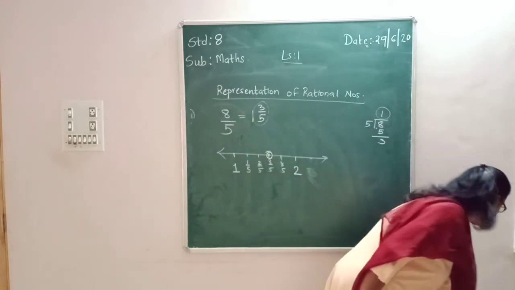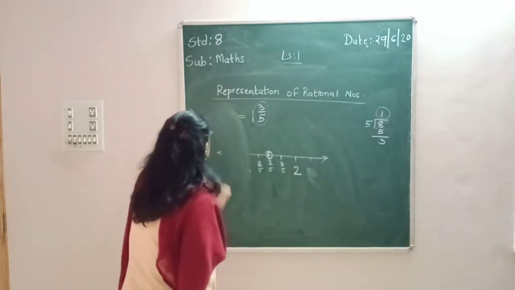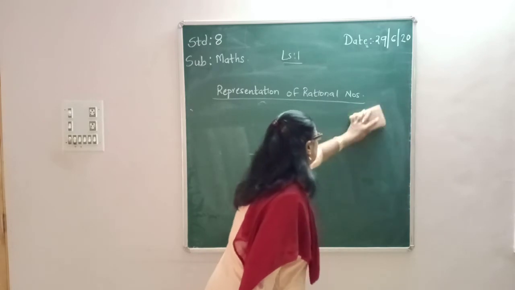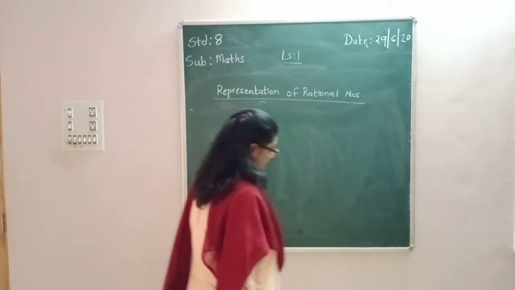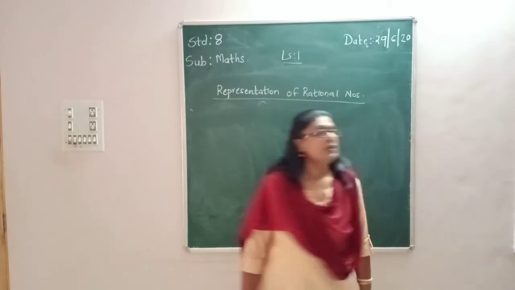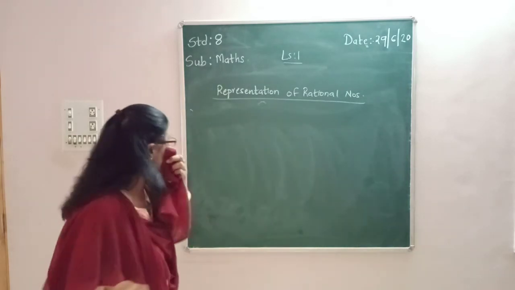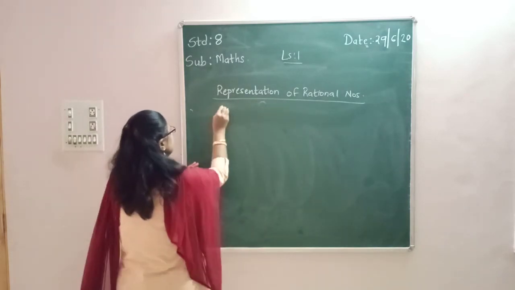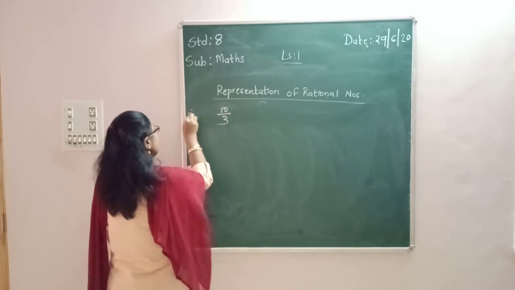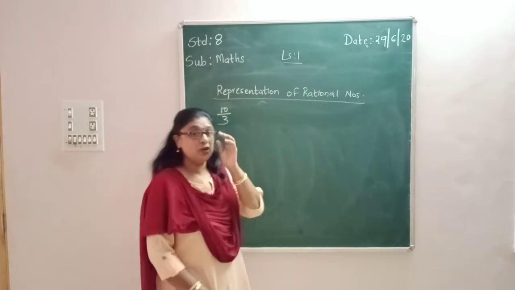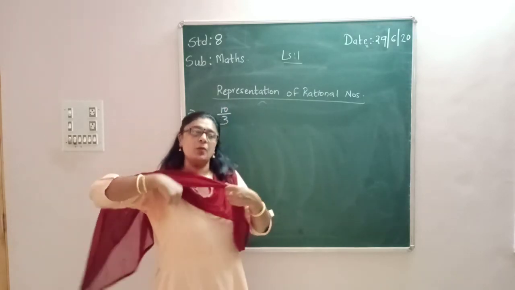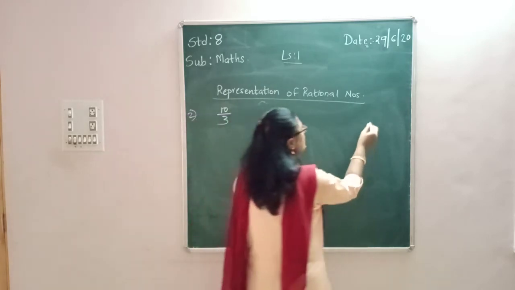Suppose I tell you another example. Say 10 upon 3. Again, the numerator is greater than the denominator, so you have to change it into a mixed fraction.